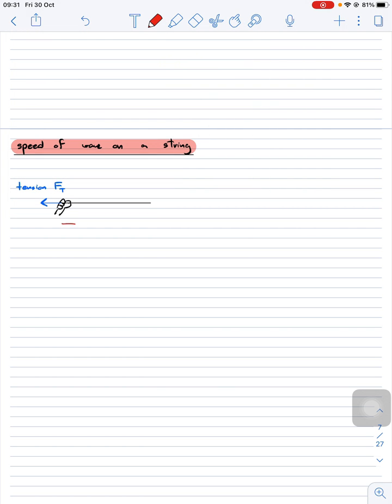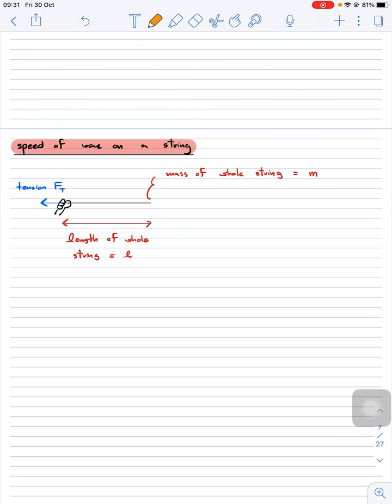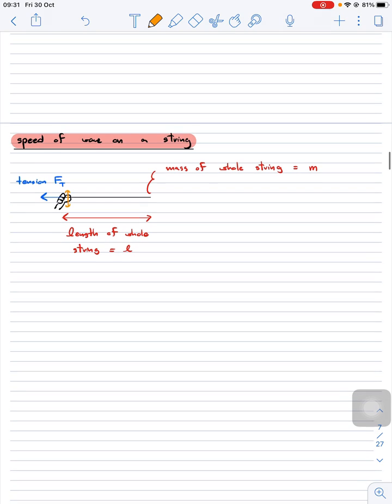If the length of the whole string is L, and the mass of the whole string is M, then if I disturb the string a little bit to make a pulse here, the pulse travels to the right-hand side with speed v.